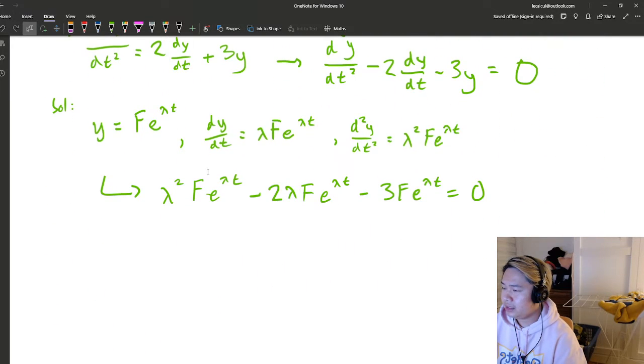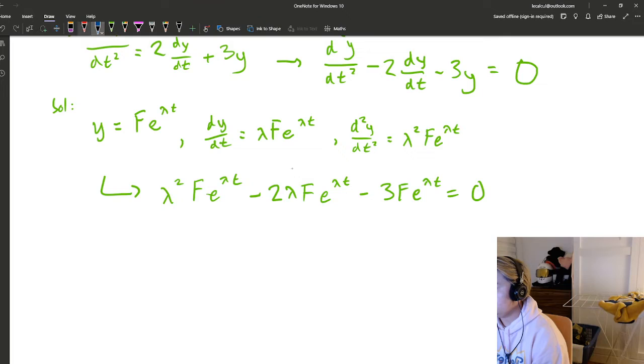We have e, which to the power of whatever isn't going to be 0, so I can just cancel out all of these things and divide every term by f e to the lambda t.